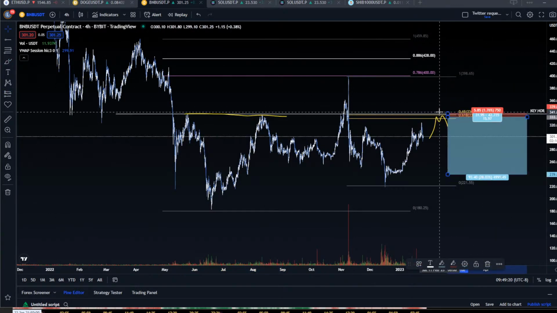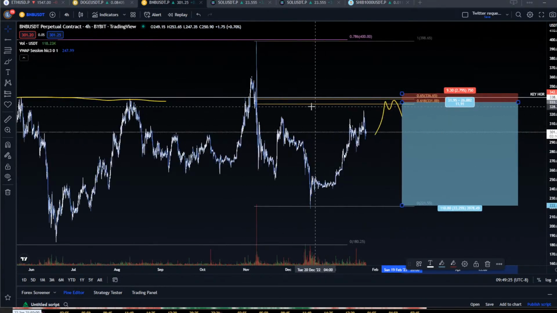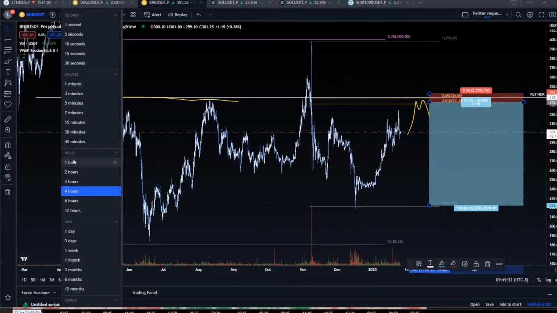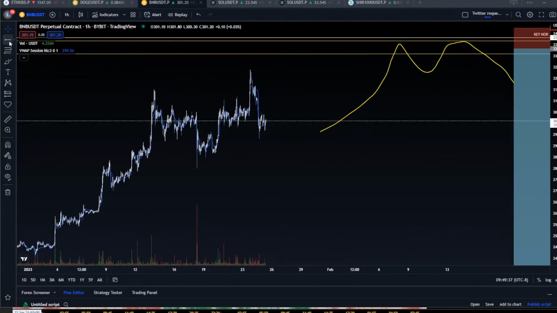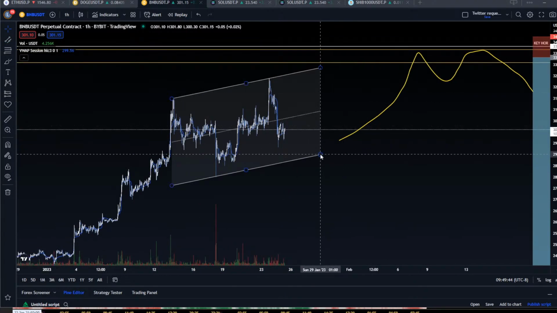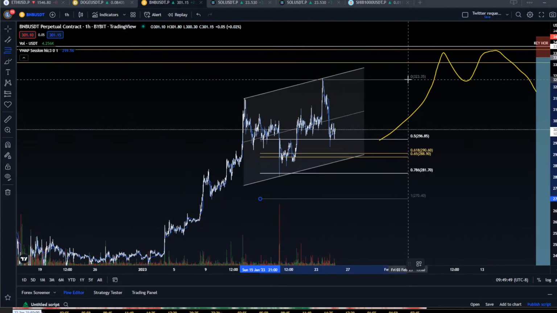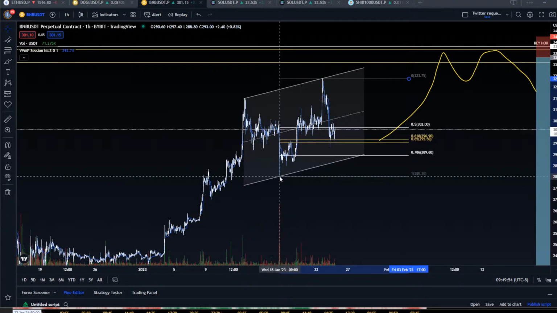The main thing is it's not just about the fib, it's about the structure, right? Are there liquidity ideas at these key fibs? Is there confluence? This is probably a golden pocket here.